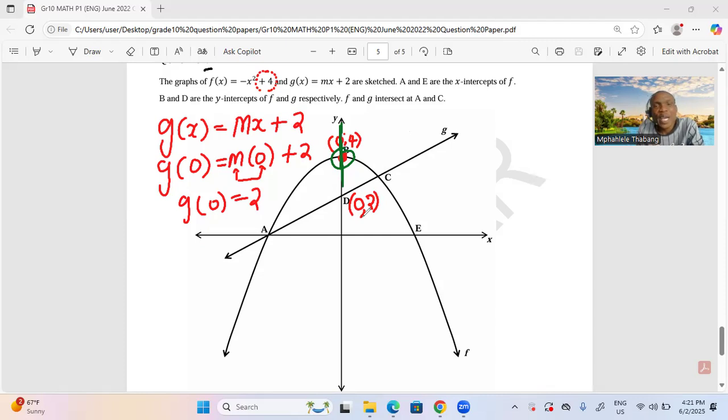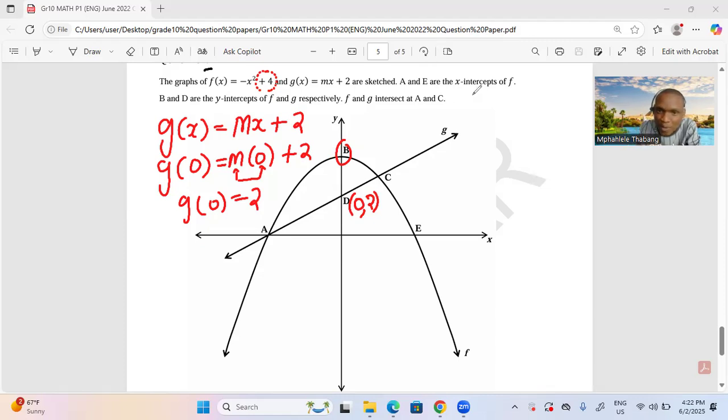Okay, let me go back to the coordinates of B here. I said the coordinates of B are (0, 4). There is another way we can find the coordinates of B. B is actually the y-intercept of F. F cuts the y-axis at B. So to find the y-intercept of F, we go to F, we let x be 0.